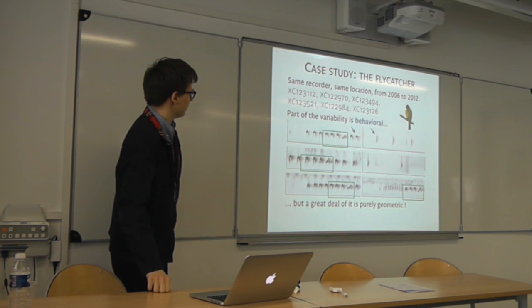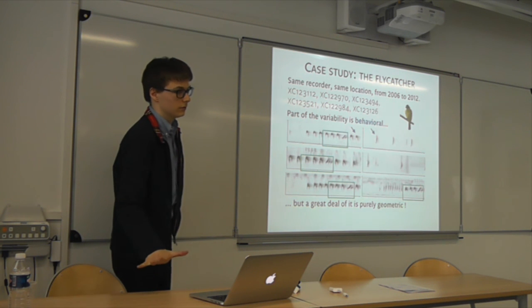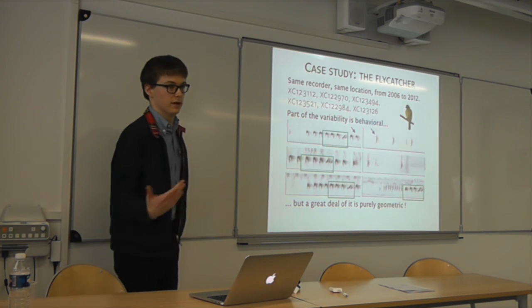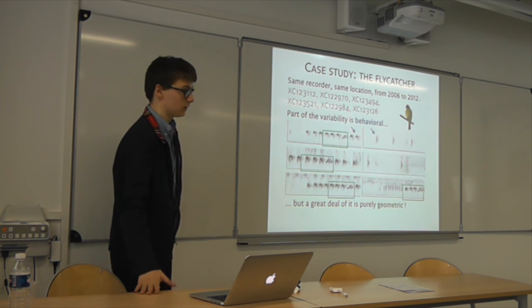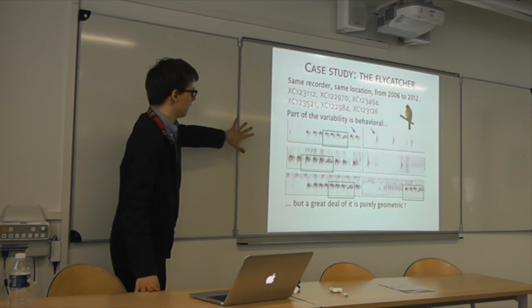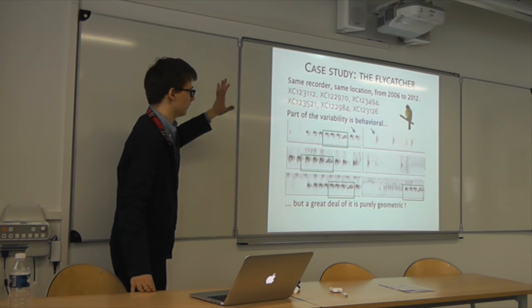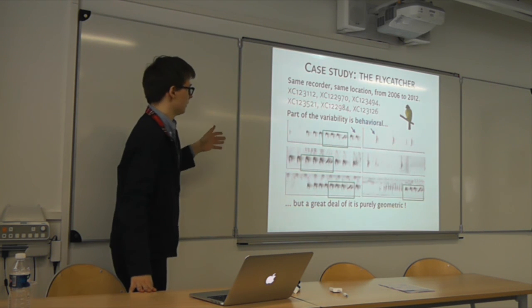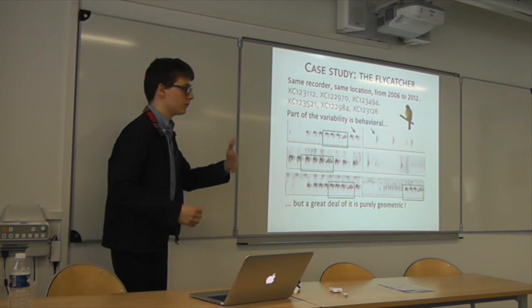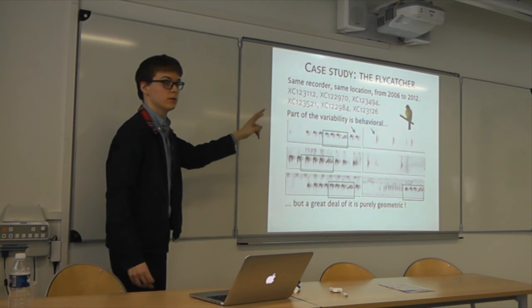So, apropos of this data distribution, of course, to me the biggest pitfall in this BirdCLEF dataset is the intra-class variability, which is tremendous. I won't make you listen to all of these, but these are recordings of the same species, the flycatcher, from the same person at the same location over several years, but sometimes they are even the same individuals.